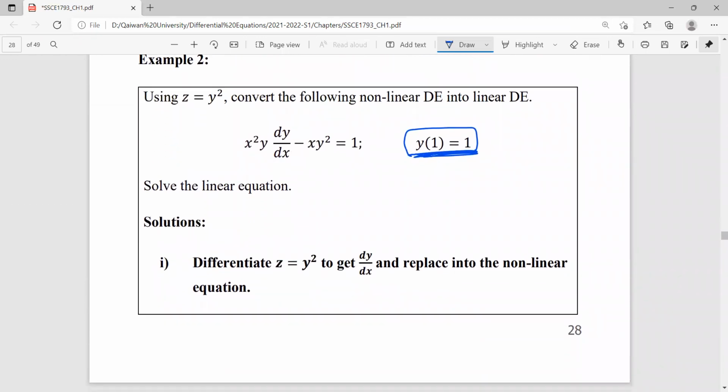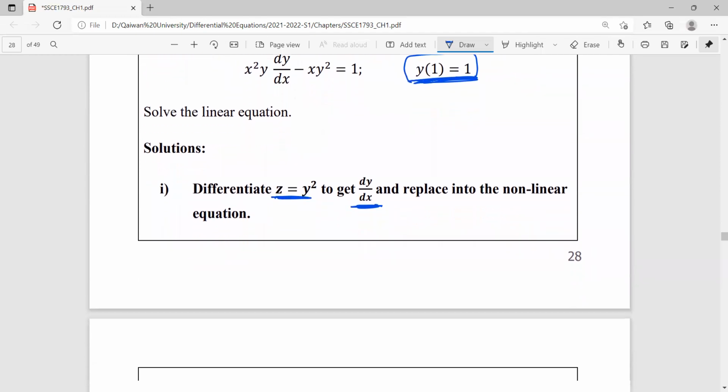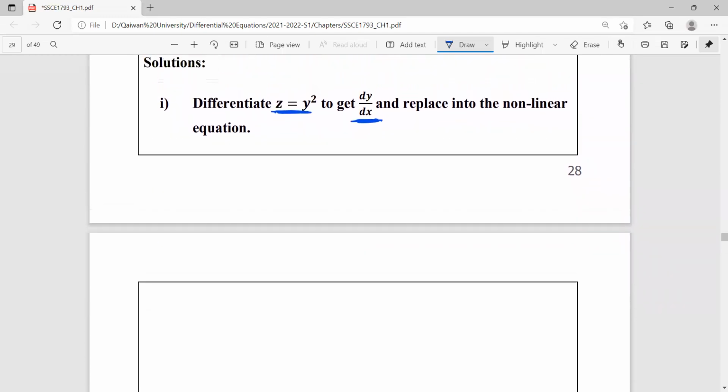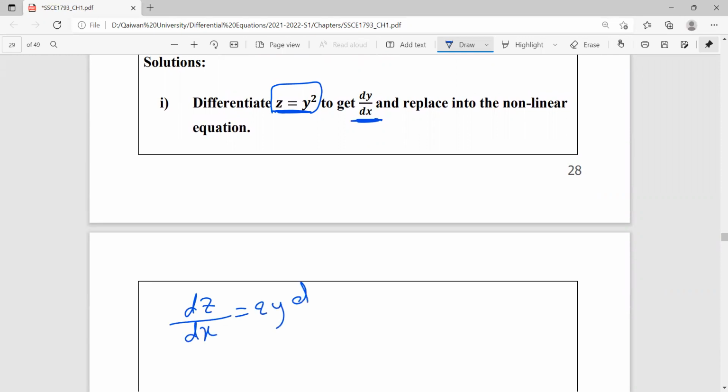We are going to replace y squared by z. So if z is y squared, we should find dy by dx. We take the derivative of both sides with respect to x. We get dz by dx equals 2y dy by dx.